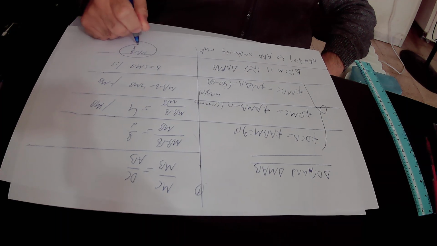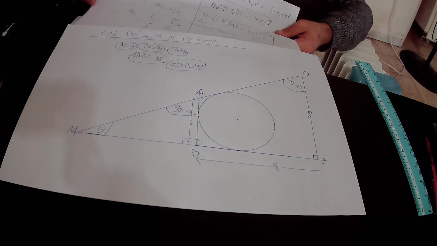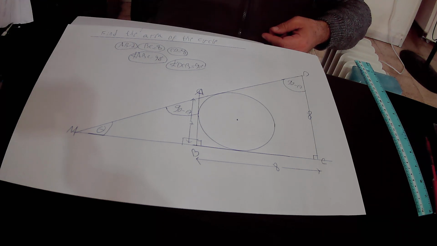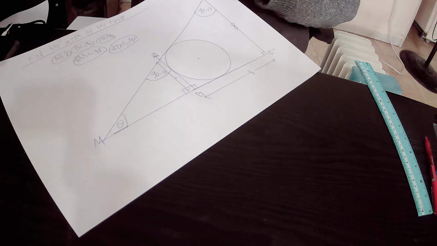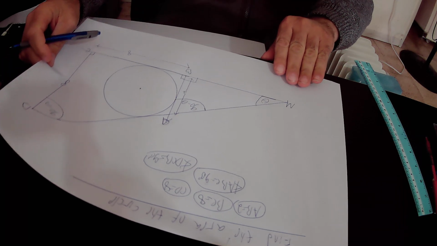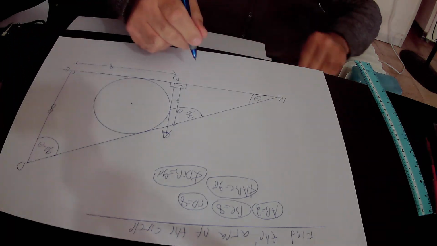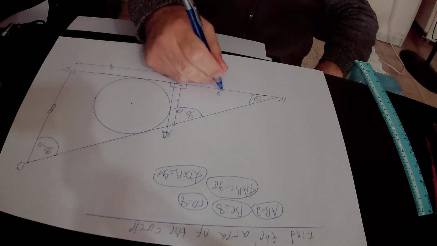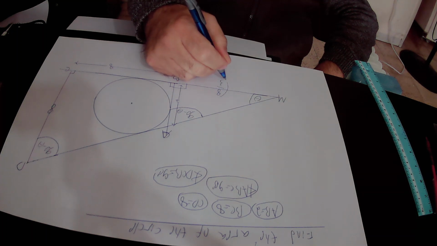We can write down here on the original drawing that this line segment MB equals 8 over 3 units.